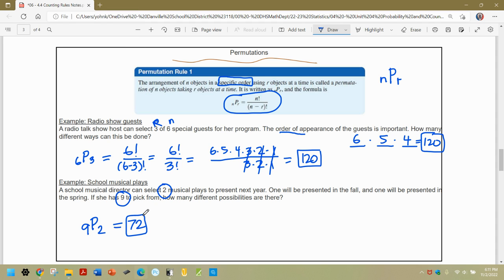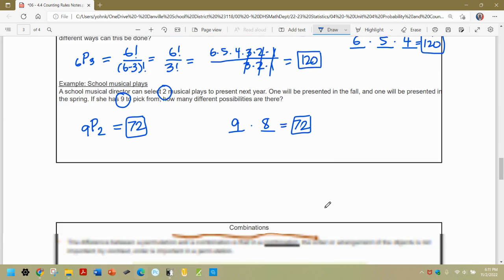Now, another way to think about this is I'm going to put on 2 plays next year. I have 9 plays to choose from for the fall, and I have 8 to choose from in the spring. Multiply them together, you get 72 again. So either way you think about it, you get the same answer.